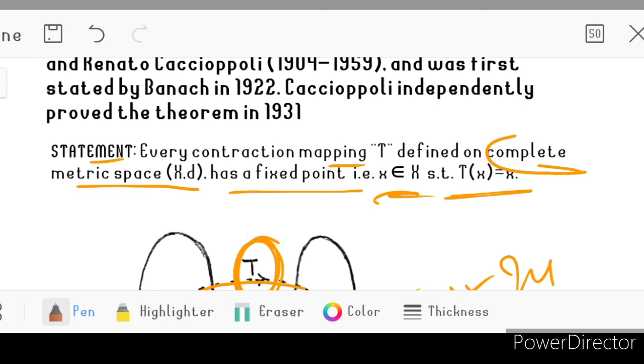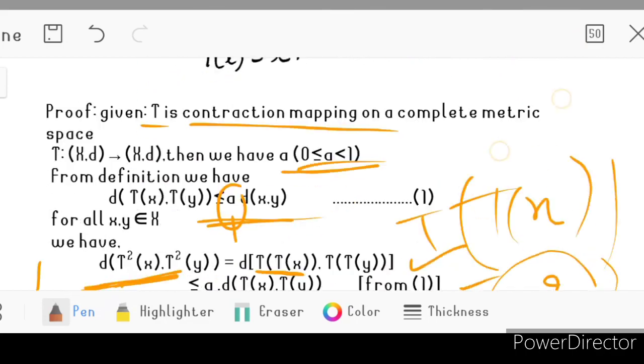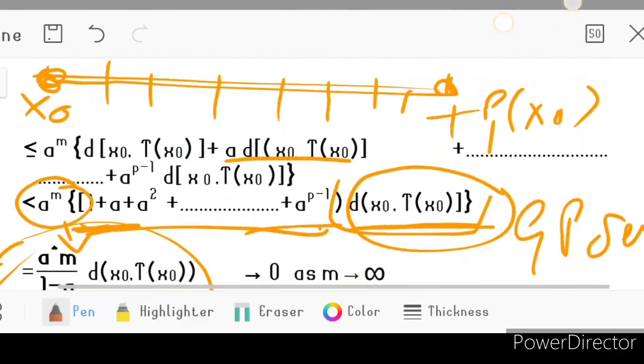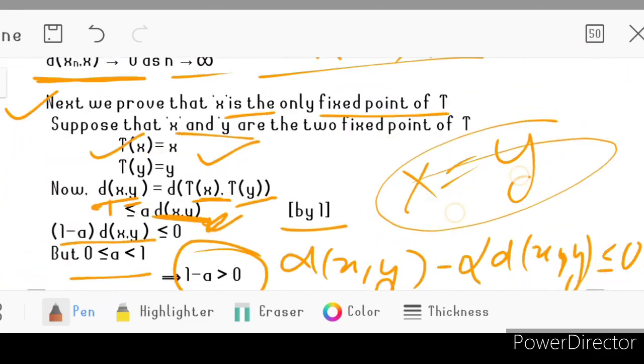But if we say the same thing on an incomplete metric space, then it wouldn't be true. We can't say that there will exist a fixed point in the case of an incomplete metric space. So that's what the remark says, and we have seen this theorem.